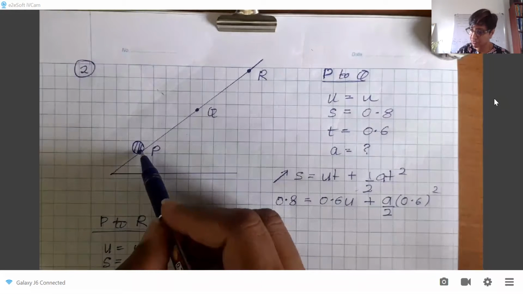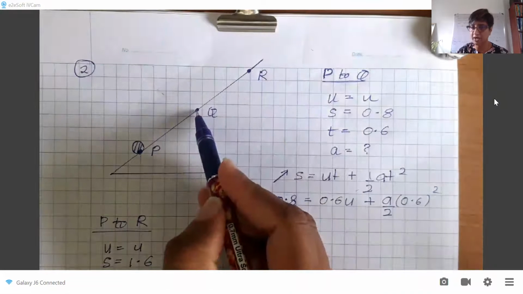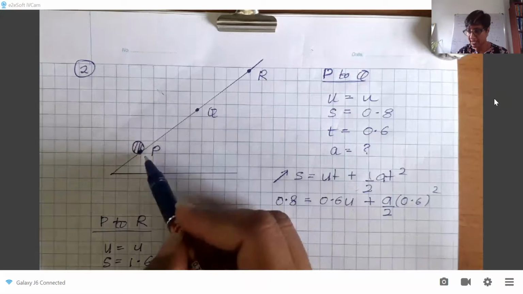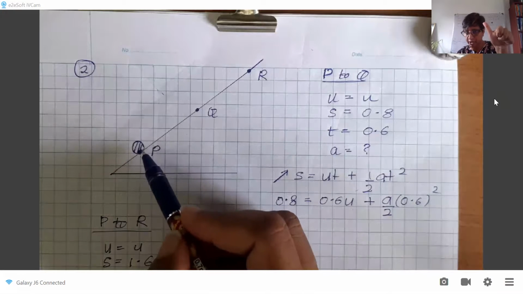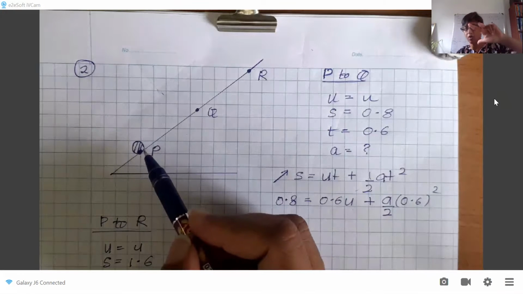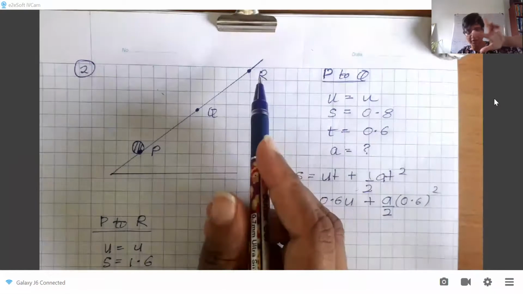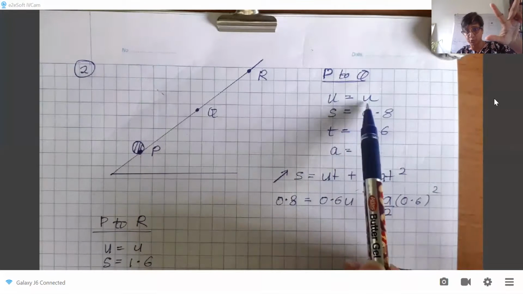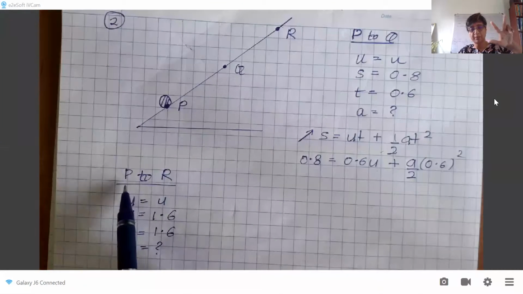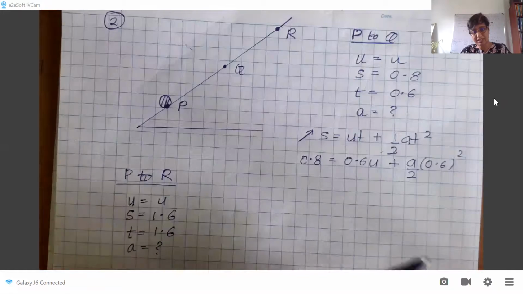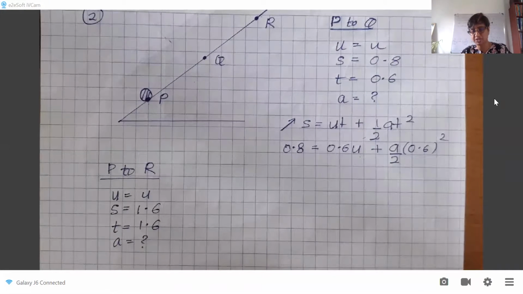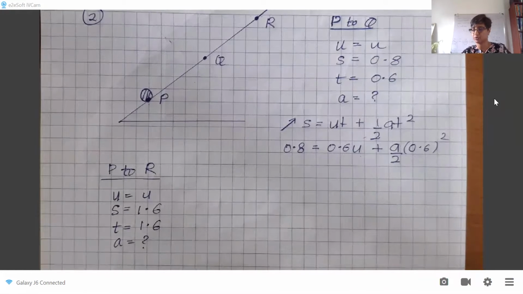They are talking about the motion from P to R, and they have broken it down into 2 parts by defining another point in the middle called Q. So I can apply equations of motion from P to Q, Q to R, or all the way from P to R at once. So 3 options I have. I picked P to Q because then I have 3 information including U. And then the other one I took was from P to R, not Q to R. Is it clear to you why that is? If you write a list of information for the motion from Q to R, you don't have 3 information, you only have 2. So no point.